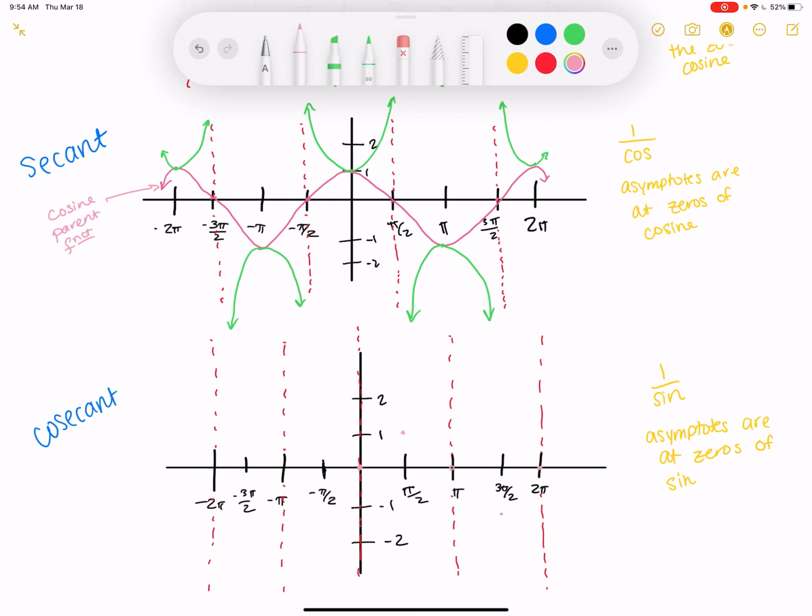Okay, and then I'm going to draw in the parent function for sine.